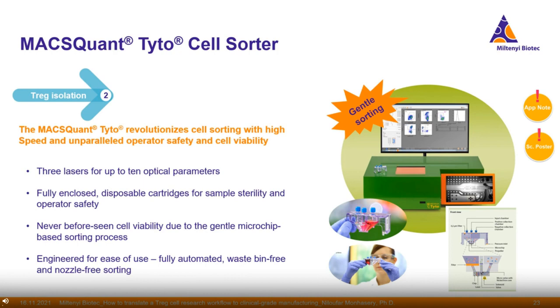It contains 3 lasers for up to 10 optical parameters, and a fully enclosed disposable cartridge for sample sterility and operator safety, and you will get very viable cells that enable you to go for whatever downstream application you need.